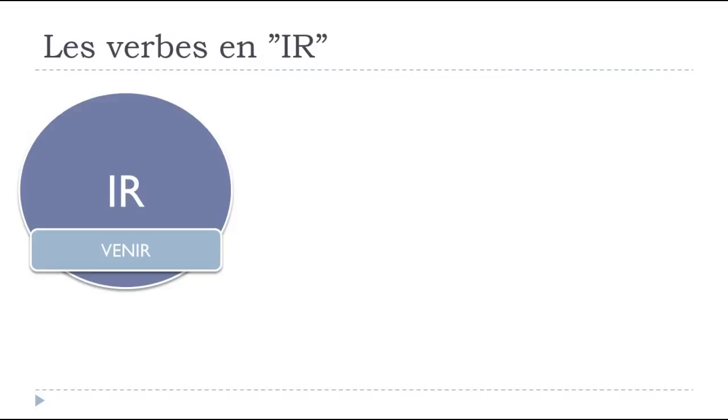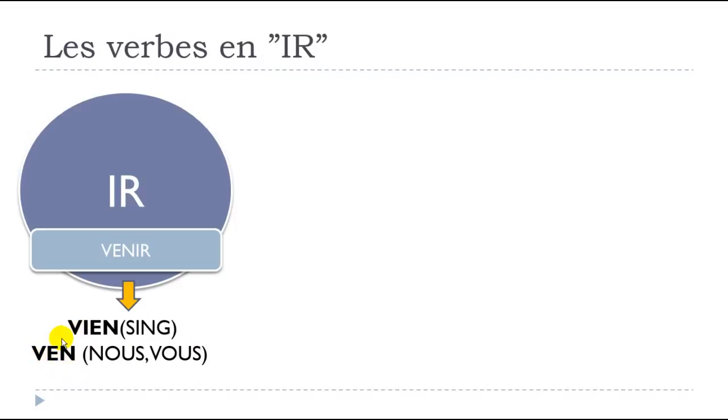The difficult thing with this group of verbs is that you will have one form for the singular. So we're talking here about je, tu, il, elle. In that case, the stem, the root will be vien, V-I-E-N. Then we will have another root or stem for nous and vous at the plural form, and it will be V-E-N.